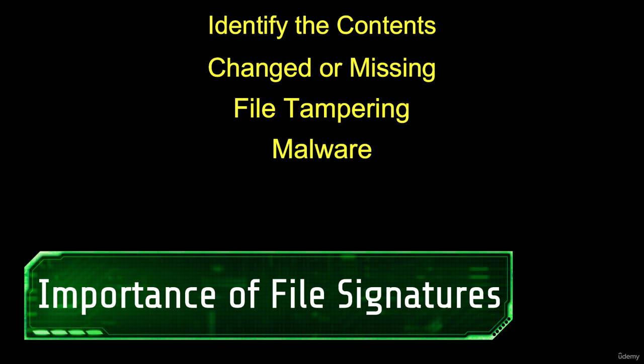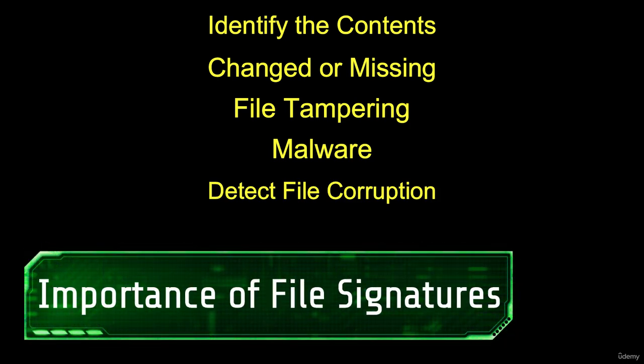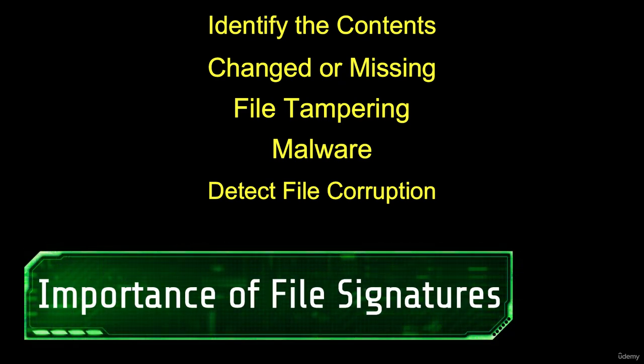In addition to using file signatures to identify file types, forensic analysts can also use them to detect file corruption or other irregularities in the file. By comparing the file signature of a suspect file to the expected signature for that file type, an analyst can quickly determine if the file has been altered or corrupted in any way.